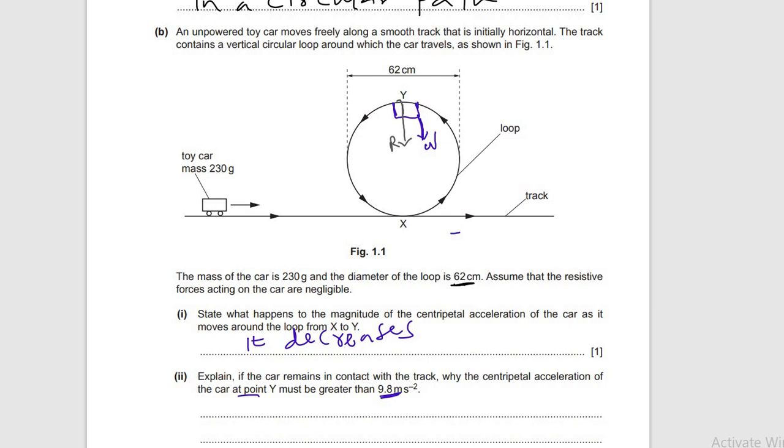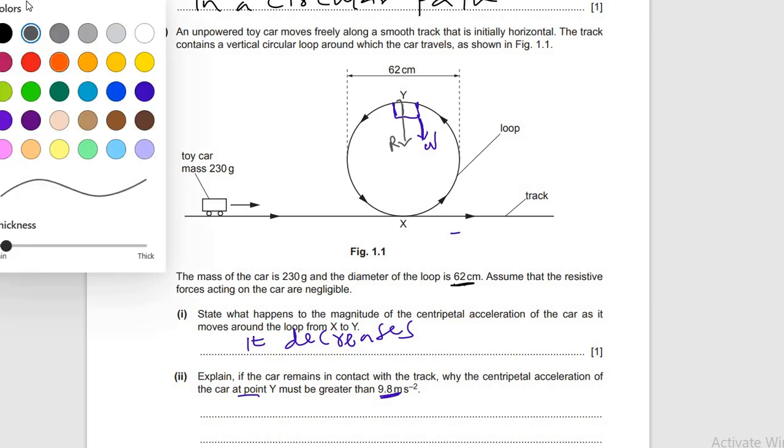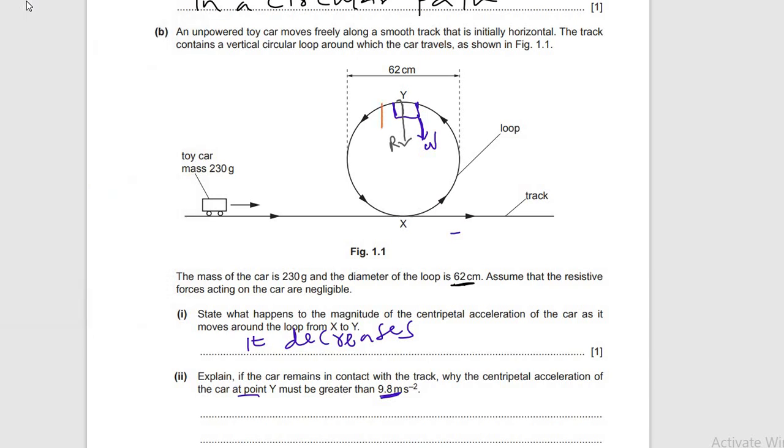And centripetal acceleration is also downward. At this point, the reaction exerted by the track on the car is downward, and the weight is downward. The question asks, if the car remains in contact with the track, why the centripetal acceleration of the car must be greater than 9.8.